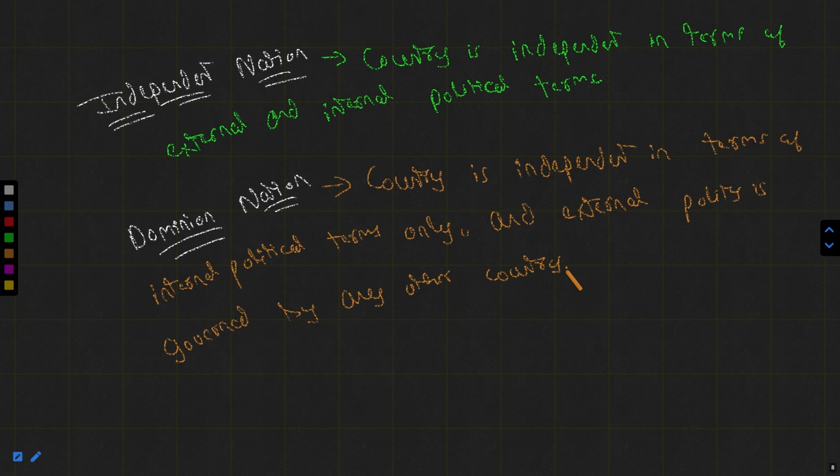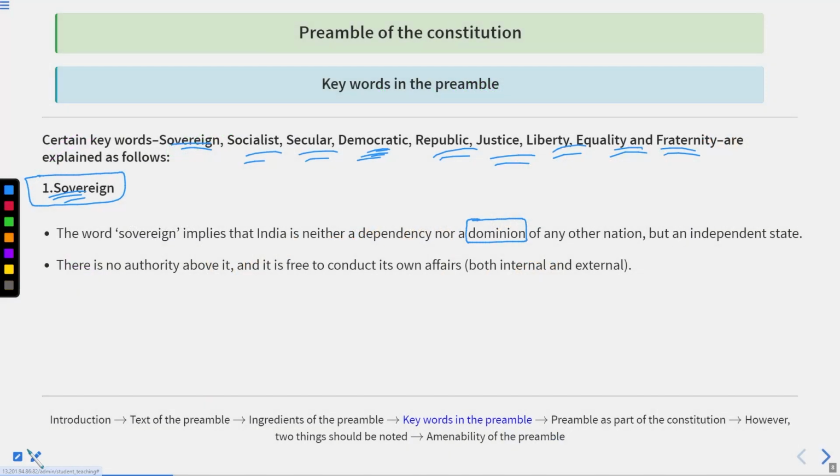Okay, so India is an independent nation. It means that whether it's external or internal matters, India is going to tackle them. Whereas if India were a dominant nation, it means that on the internal part we are free. Whatever policies we are required to implement in our country could be made by ourselves. But on external matters like foreign relations, defense, and communication, those will be handled by another country. So that is not the case in India. It means that India is an independent nation, whereas a dominant nation is some other type of thing.